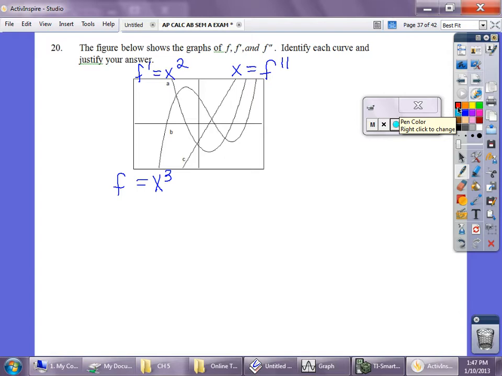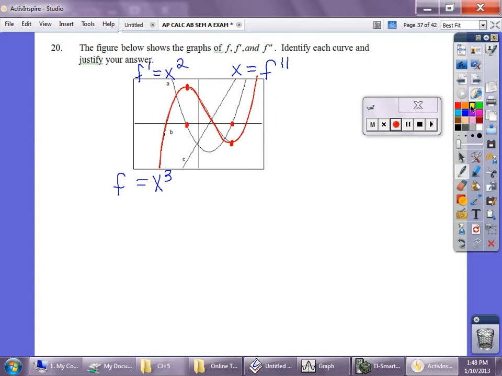Now, how do you justify that those are going to be your answers? You can literally do a sign chart for each of the graphs. So I look at this guy and see that I'm actually not going to create all three sign charts. I'm just going to show you that the derivative here would be 0, the derivative here would be 0. The points that correspond there would be these two.